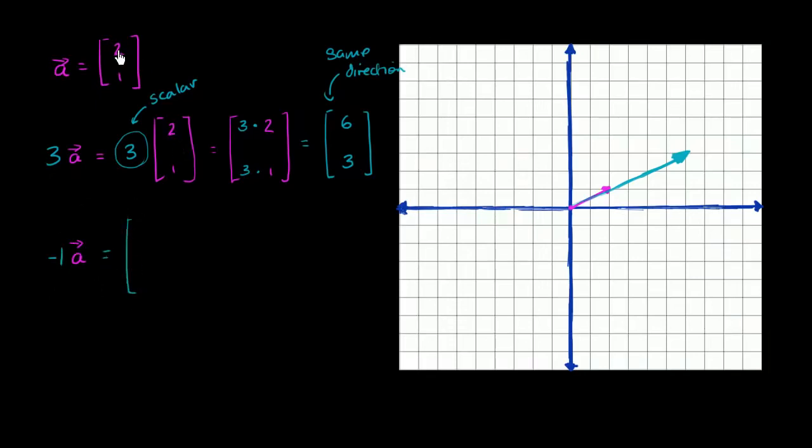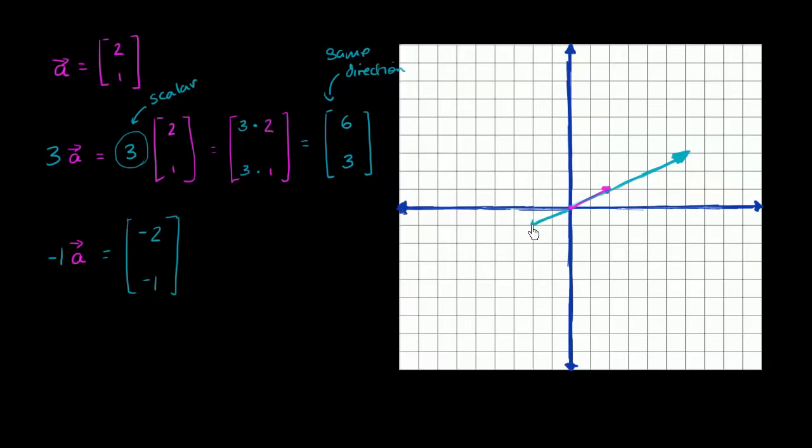So 2 times negative 1 is negative 2, and 1 times negative 1 is negative 1. So now, negative 1 times A is going to be negative 2, negative 1. So if we started at the origin, we would move in the horizontal direction negative 2 and in the vertical direction negative 1.